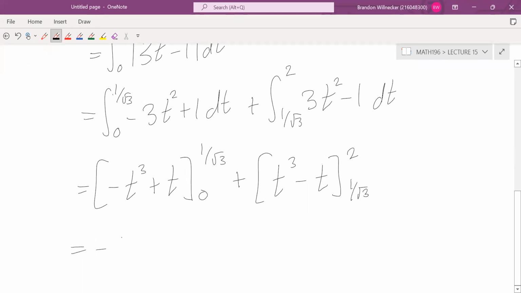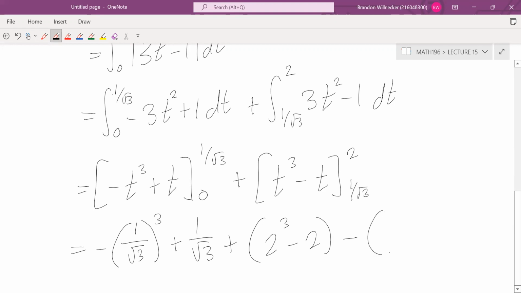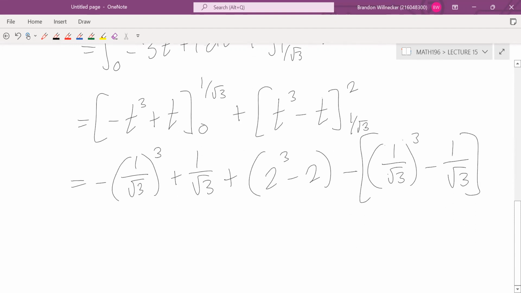So for the first part, we're going to have minus 1 over root 3 cubed plus 1 over root 3. And then for the second part, we're going to have 2 cubed minus 2, and then minus 1 over root 3 cubed. So 1 over root 3 cubed minus 1 over root 3. Like that.